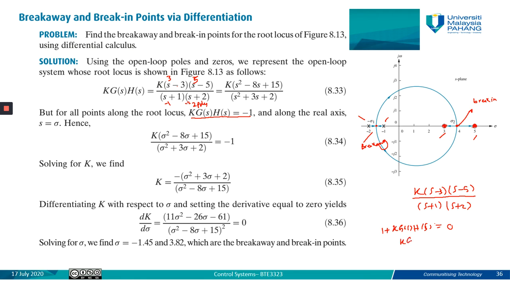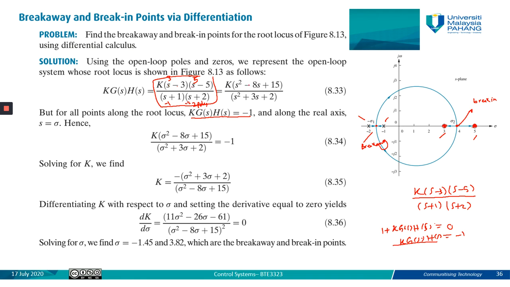Or KG(s)H(s) = -1. So this is the equation here. Now we are going to substitute from this equation. So this part will be substituted here. Now for K, we need to expand this in order to simplify the derivative of that equation.